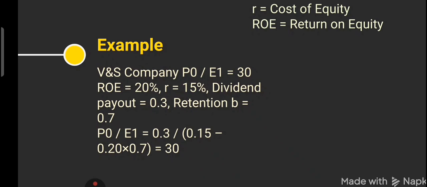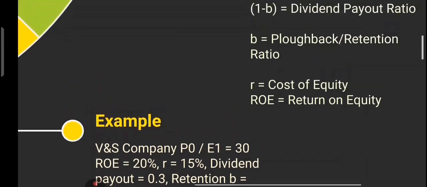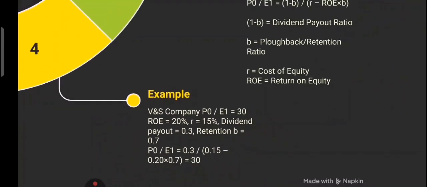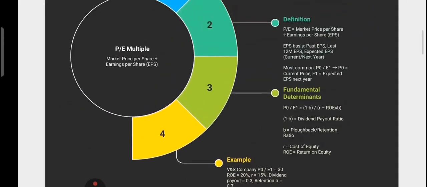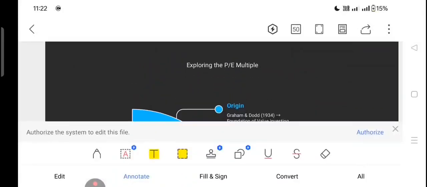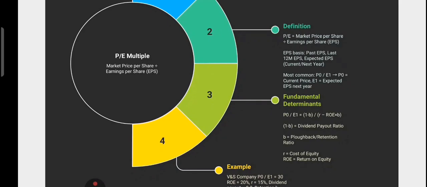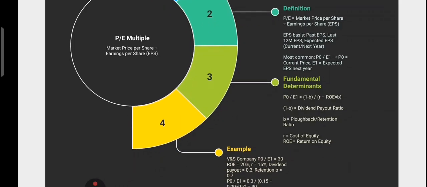So after the calculation, you will get 30. P0 upon E1 is 30. So you just have to remember the formula, 1 minus b upon r minus ROE times b, and you will get the answer. I hope this particular table explains every aspect of the P/E ratio: what is the origin, what is the definition, what is the fundamental determinant, and how.